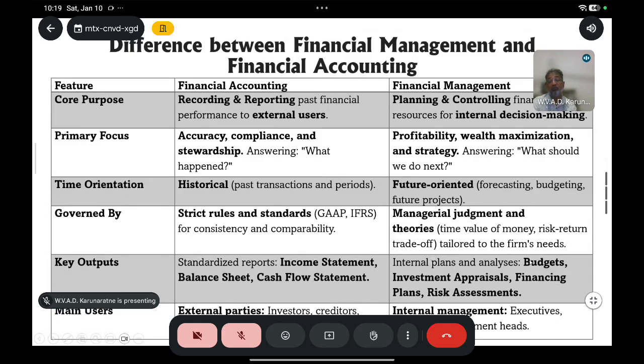But under financial management, budgets, investment appraisal, and risk assessment are the outputs. The main users of financial accounting are external parties like investors, creditors, and the public sector, and also internal parties. So you have to mention internal as well as external, but financial management is only for internal parties.